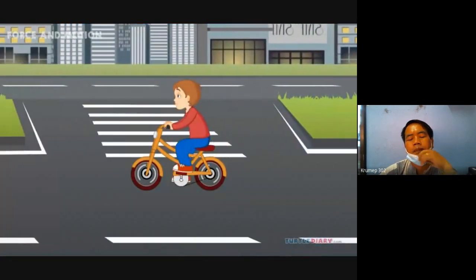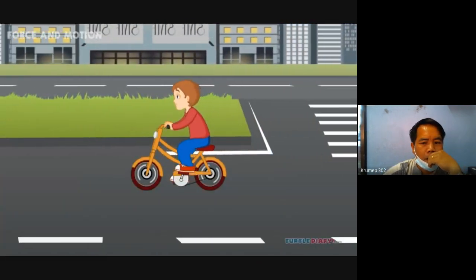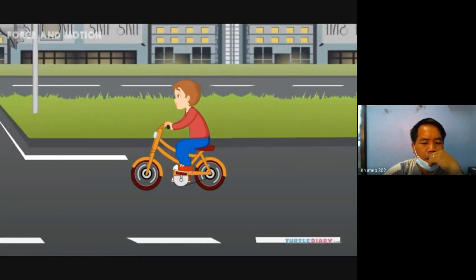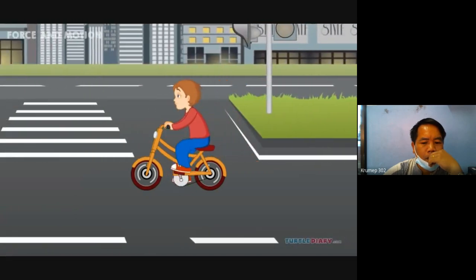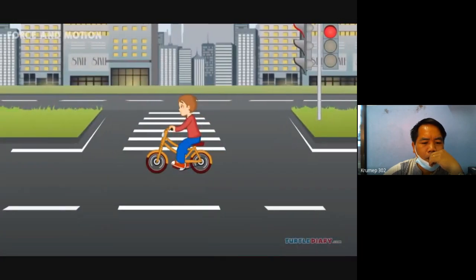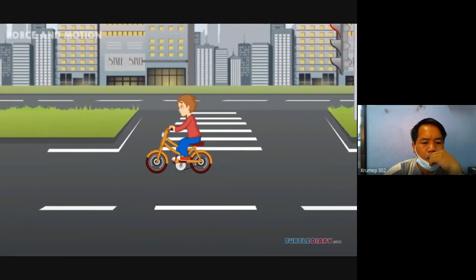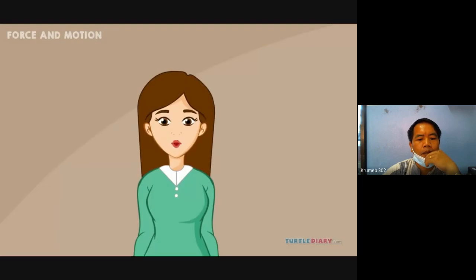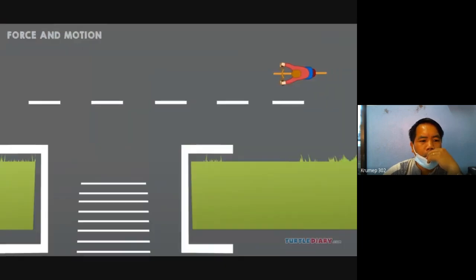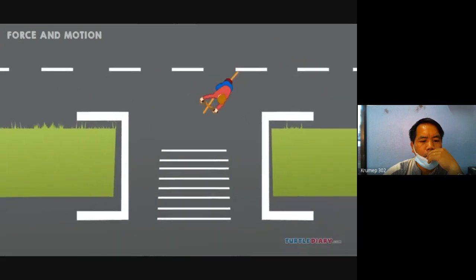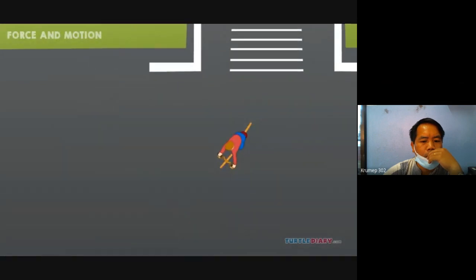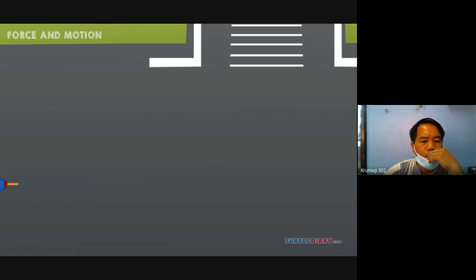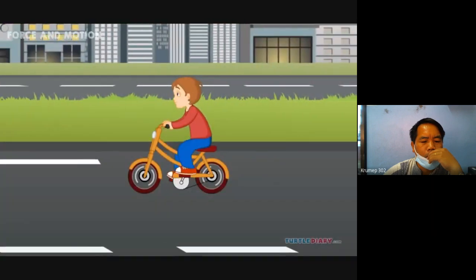You can go faster by using more force, pushing and pulling harder. You can slow down by using less force, not pushing and pulling as hard. You can change which way you're going by using force, by pulling the handlebar, which pulls the wheels in another direction. What can you do to stop?